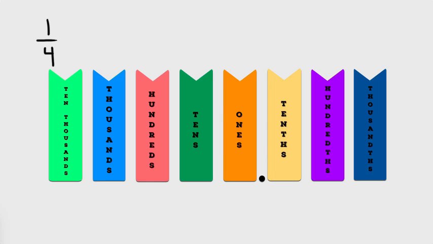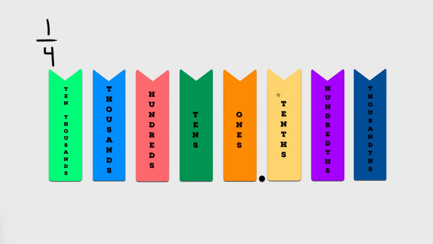I'm going to come all the way back to the beginning of the year and talk about place value. On place value, what we had was ten thousands, thousands, hundreds, tens, ones, and so on and so forth. But what I really want to hone in on is these three right here: tenths, hundredths, thousandths. Those three have a certain ring to them.